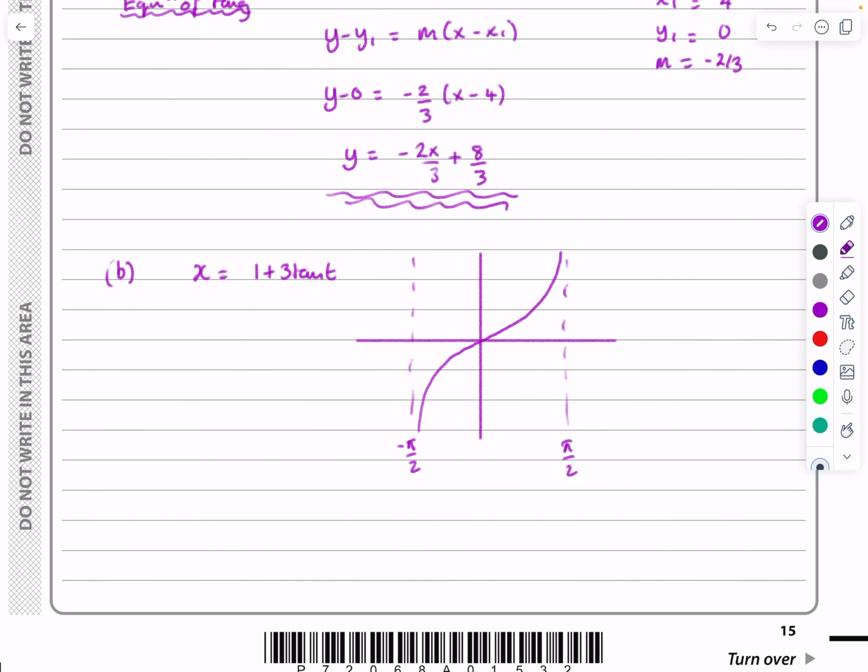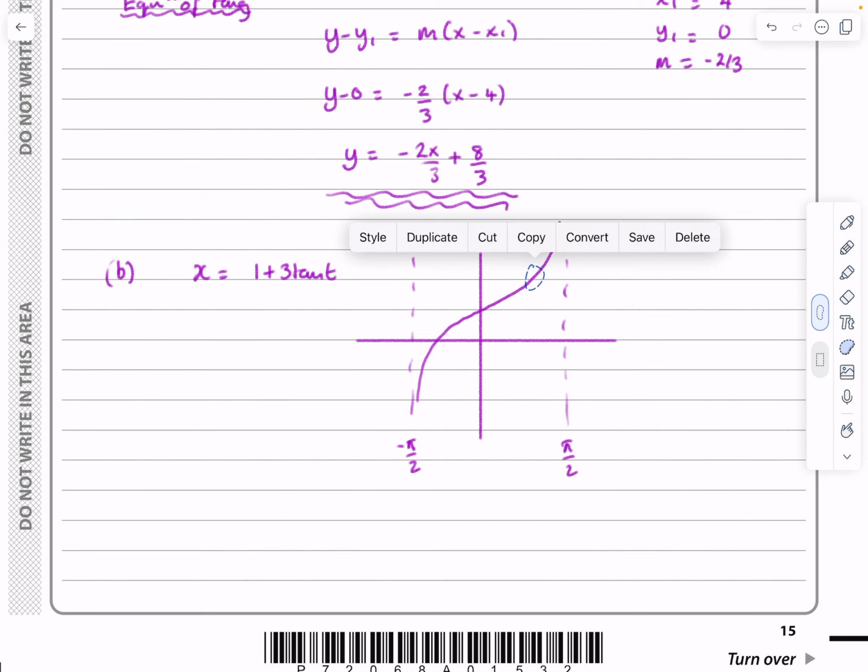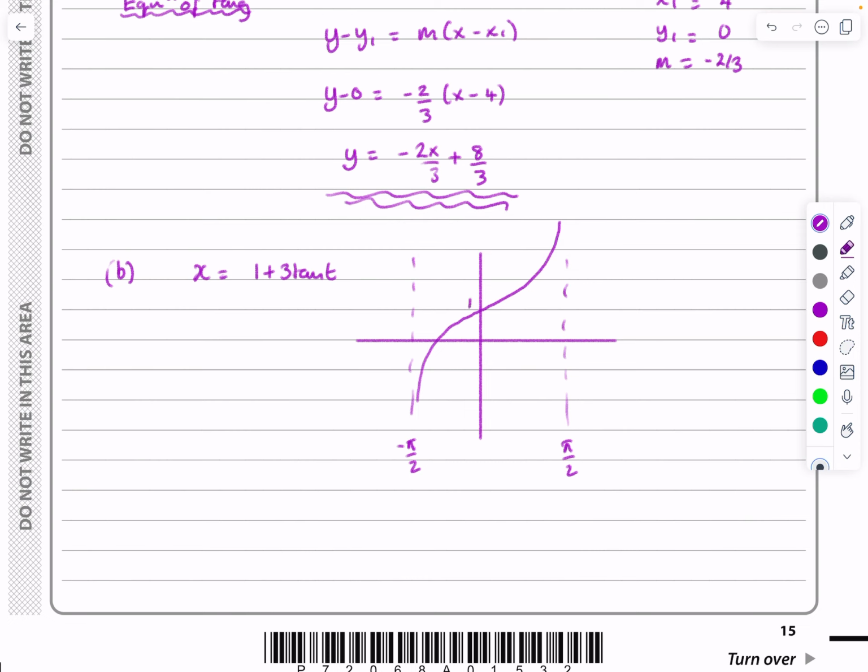That's tan t. If I do 3 tan t, all that happens, in effect, is it just gets a bit steeper, but it's still going to look the same. So I'm going to leave it as that. And then 1 plus 3 tan t, the whole thing would be moved up by a value of 1 there. So if I know my t values, what were they?